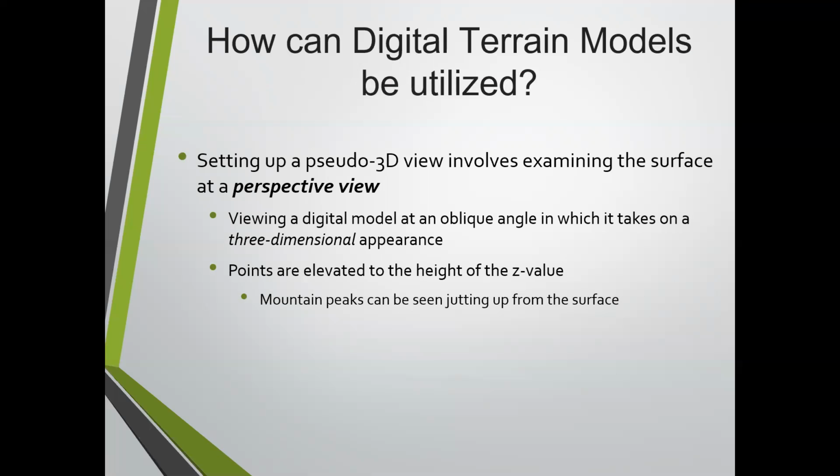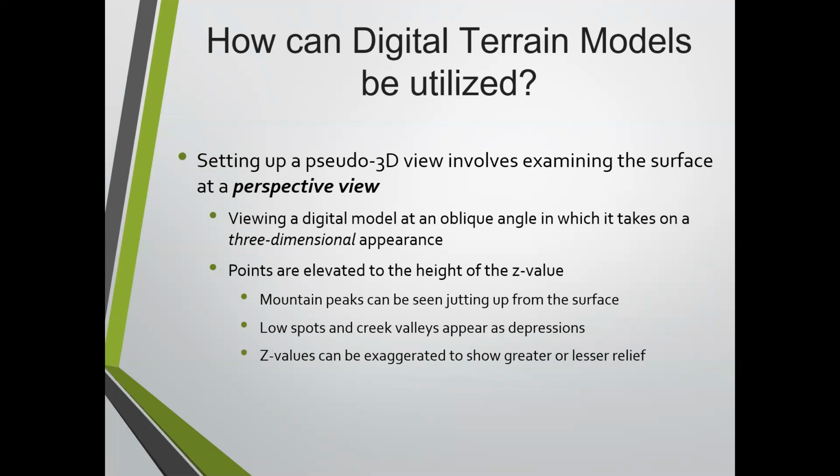And of course, mountain peaks can be seen jutting up, and low spots, creeks and valleys are going to appear as depressions and other things as you see that. Now, very typically, as you look at those pictures, even on hilly topography, they look rather flat. So a lot of times what we'll do is go in and exaggerate the Z values just to show greater relief. Usually you have to exaggerate it to show greater.